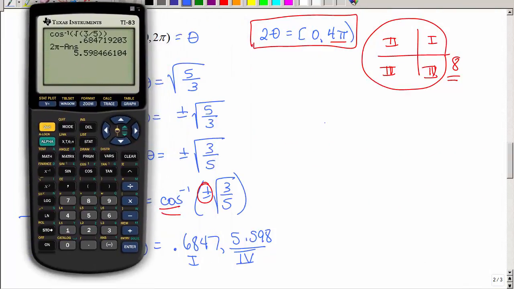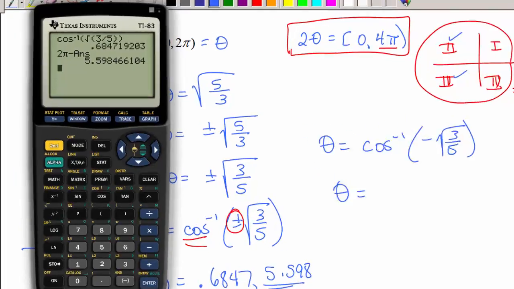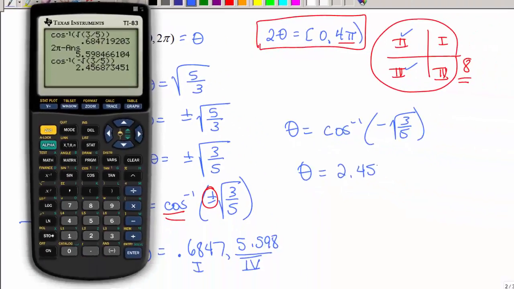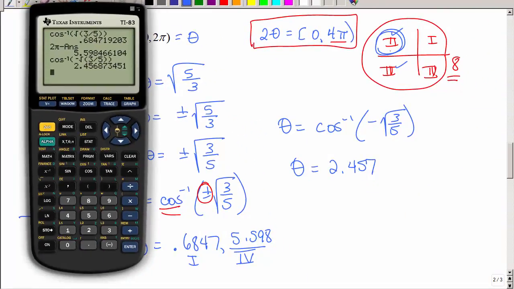Okay, so now I want the inverse cosine of negative. I just did positive, so I know cosine's negative in quadrants 2 and 3. So I'm going to take the inverse cosine of negative. The calculator is going to give me 2.457. That's in quadrant 2. Ooh, how do I get that answer in quadrant 3?